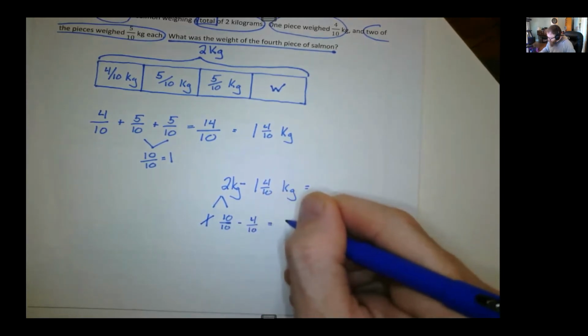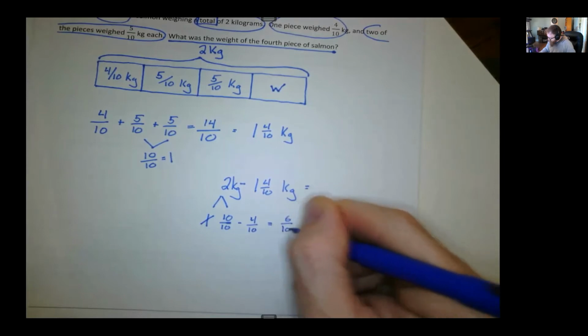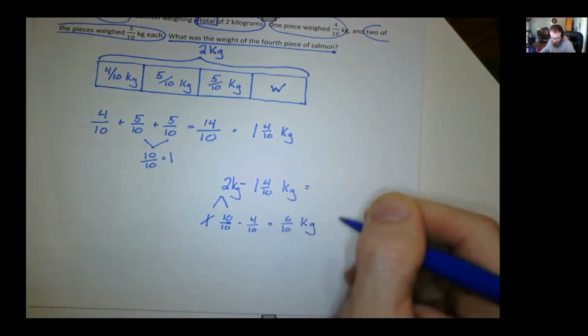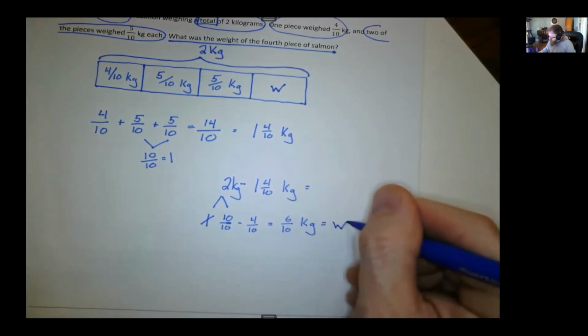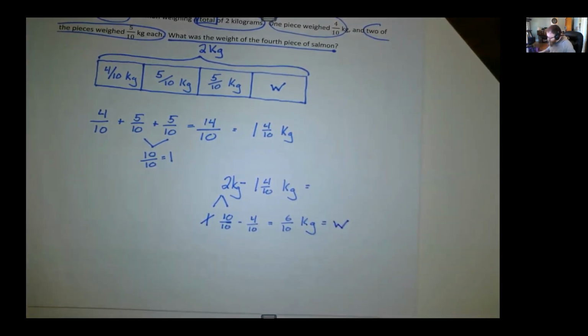We're left with 6/10 of a kilogram. And that weight is our value for W. The unknown piece of salmon weighs 6/10 of a kilogram.